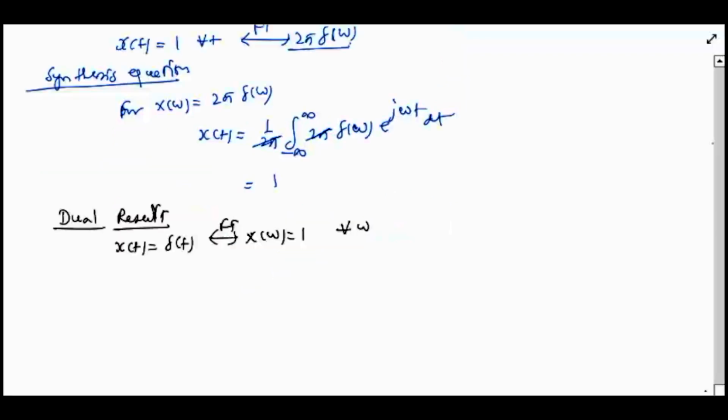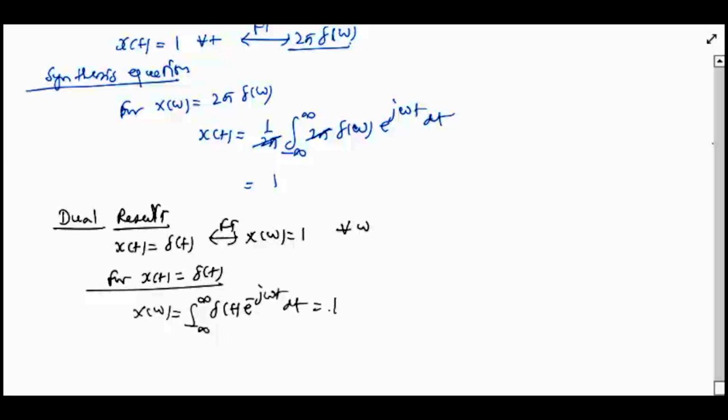Again, this can be justified with the analysis equation, which says that for x(t) equals delta(t), X(omega) will be the integral from minus infinity to infinity of delta(t) e^{-j omega t} dt, which is 1.